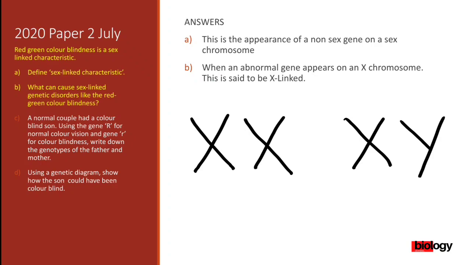If there is an appearance of a non-sex gene, meaning an abnormal gene, on an X chromosome, then it will lead to what we call an X-linked condition, or a sex-linked characteristic like red-green color blindness.